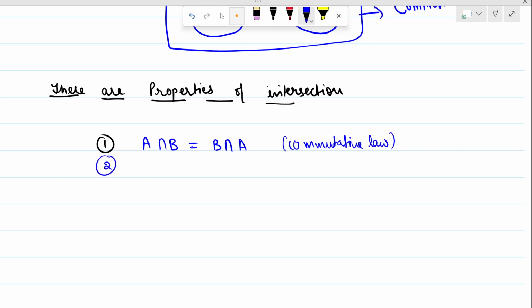Second, we have A intersection B intersection C is equal to A intersection B intersection C, which is associative law.